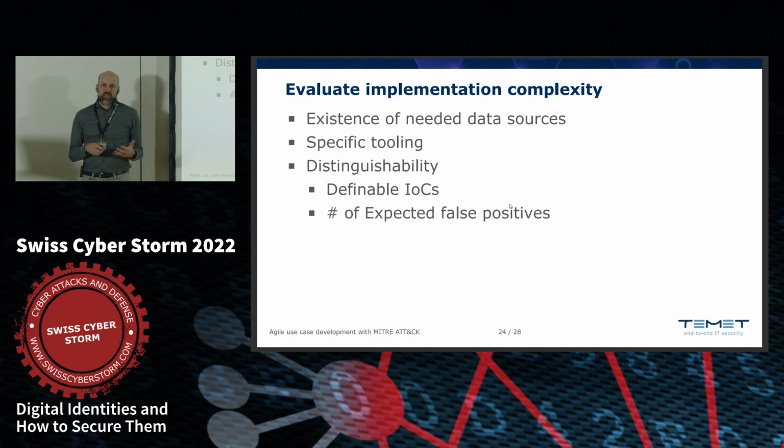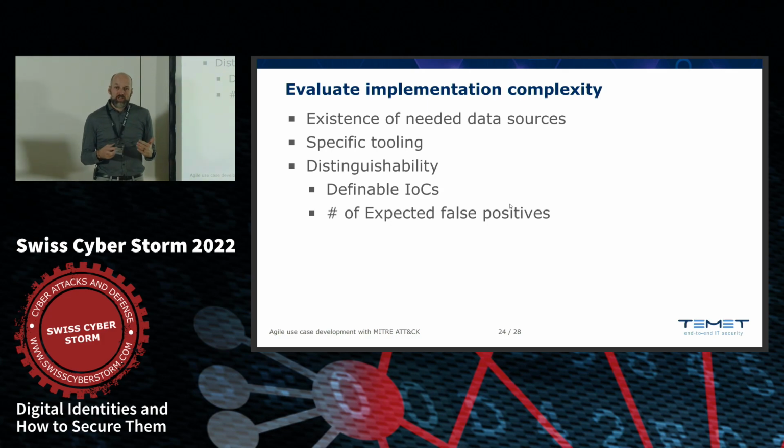Because certain techniques are very hard to distinguish between the usage of an attacker and the regular usage. I mean, there are techniques which state that the attacker is using the command line or is using PowerShell. And you will find that if you do the ranking and filtering, those tend to be techniques that are very high on the list, but they are very difficult to detect.